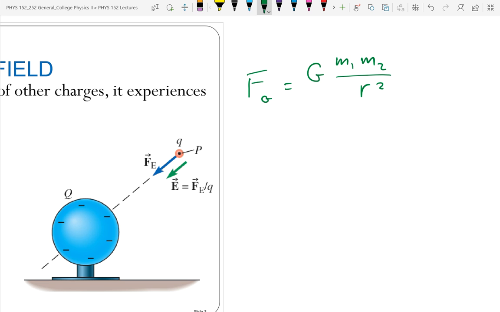And we said if we're on the surface of the Earth, we defined little g to be the force of gravity divided by mass 2, which according to that universal law of gravitation is capital G M1 over r squared. And we said as long as we're on the surface of the Earth, that g is going to be roughly the same because the mass 1 is the mass of the Earth and the r is the radius of the Earth.